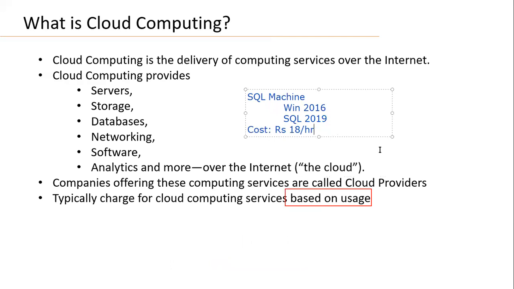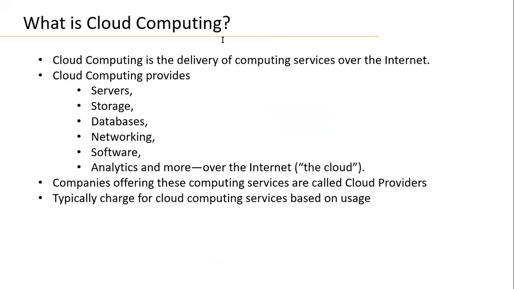No need to pay a fixed amount. Depending on usage only we are going to pay. No need to pay a fixed amount in cloud computing platforms. Even initial investment is also not there, right?